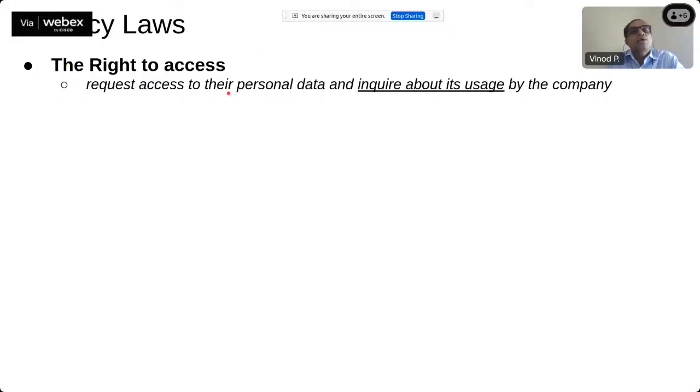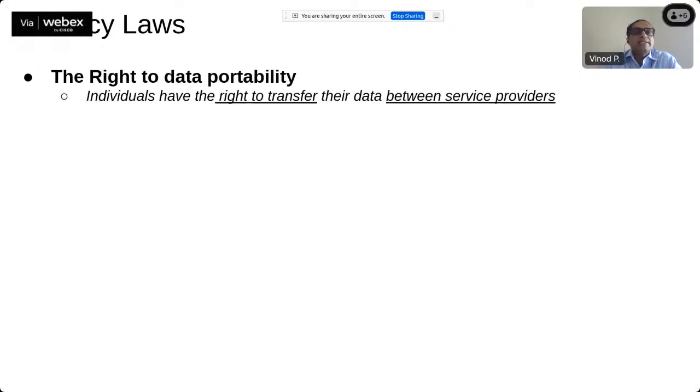The first one is right to access. In right to access, a user like me can request access to my personal data and inquire of any organization about how my data is being handled or used. The second one is right to data portability.